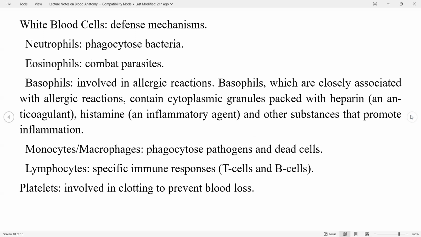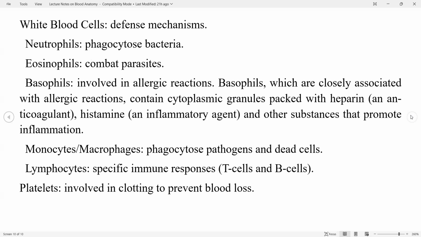We said earlier on that the granulocytes are the fuse, while the agranulocytes are the sites. So for the granulocytes we have neutrophils, eosinophils, basophils, while for the agranulocytes we have the monocytes and the lymphocytes.